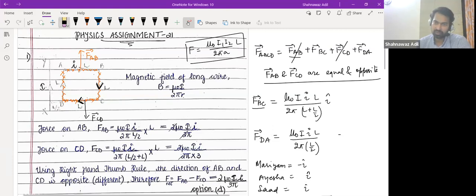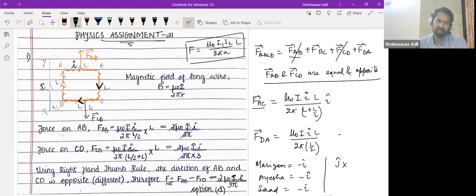Whenever you guys are confused, you can use the IJK method, right? What is the direction of DA? It's J hat.